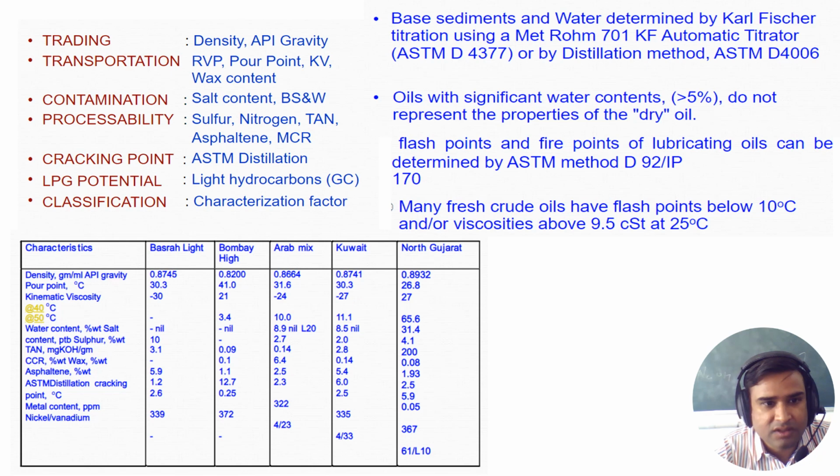Then Bombay High is in India. Arab, this is for Arabian crude properties, and for Kuwait, these properties are for Kuwait, and this is North Gujarat. North Gujarat is in a state of India. So these are the different technical properties of crude oil received from different regions.